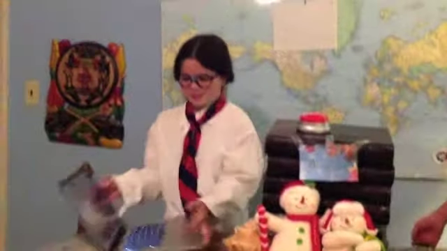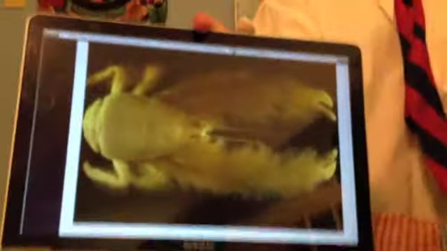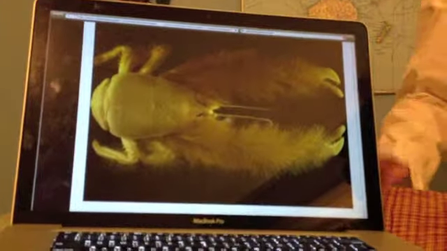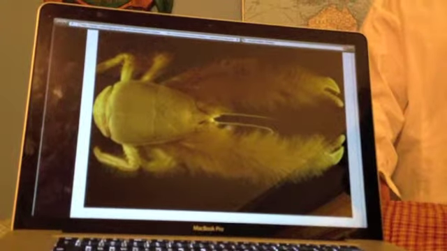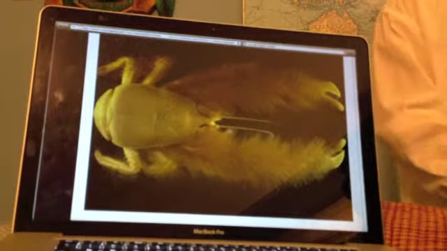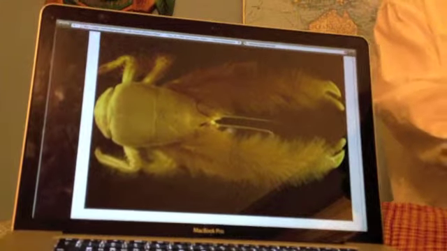Mine is very interesting. Mine is a Yeti crab. This picture, and the Yeti crab lives in the Pacific Ocean.